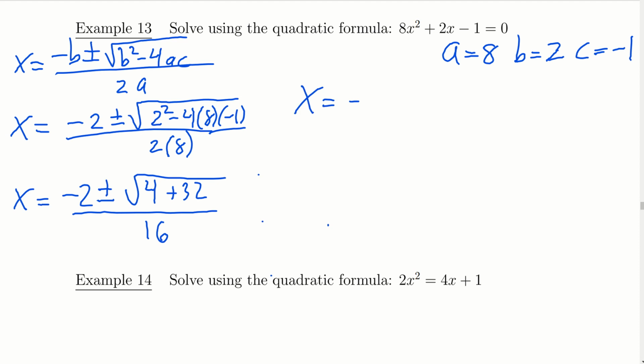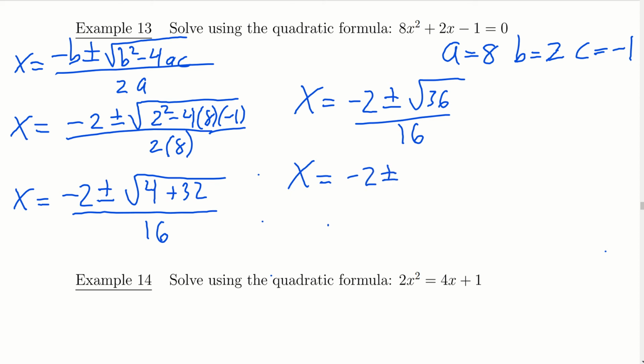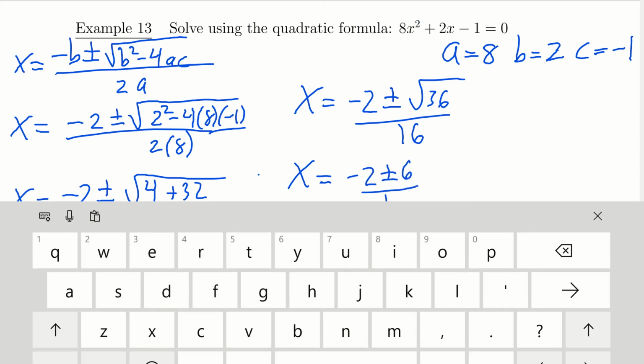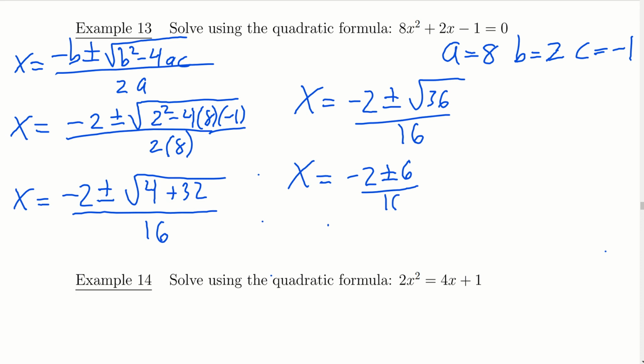We have x equals negative 2 plus or minus the square root of 4 plus 32 is 36, all divided by 16. And then lastly, we can simplify. The square root of 36 is going to be 6. So we get x equals negative 2 plus or minus 6 divided by 16.